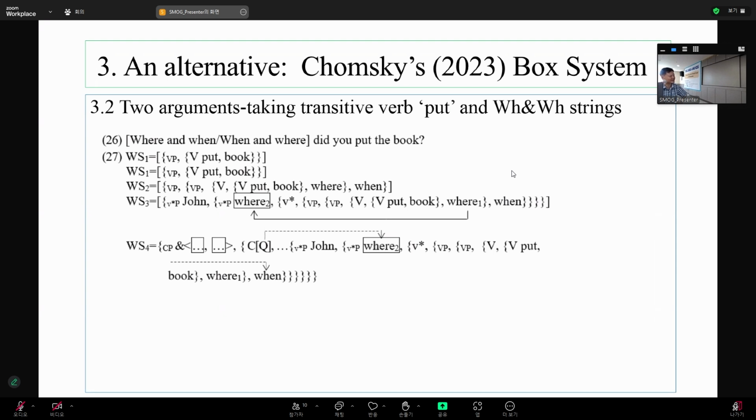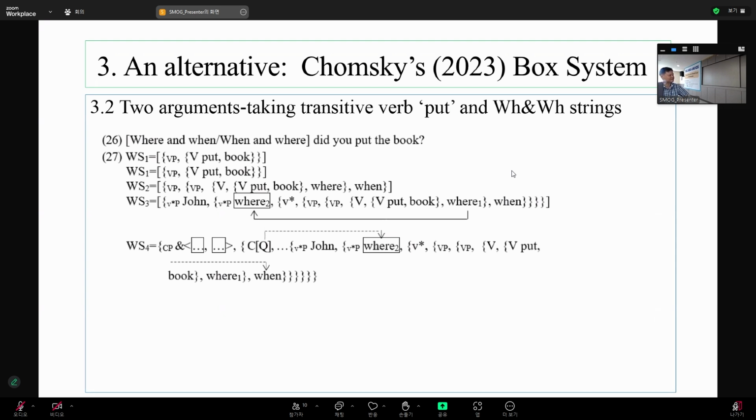I'm sorry. Next, this agent will merge with this one. Right? Next, this agent will merge with the existing projection, this one. So in this case, we have two large V heads, and we have two large VPs here.